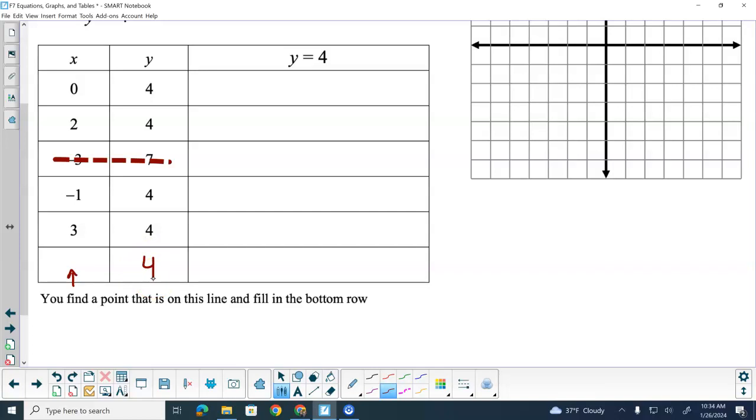Okay? When we plug in our points, I'll quickly plug them in, because there's no x to plug in for. So there's only y's.